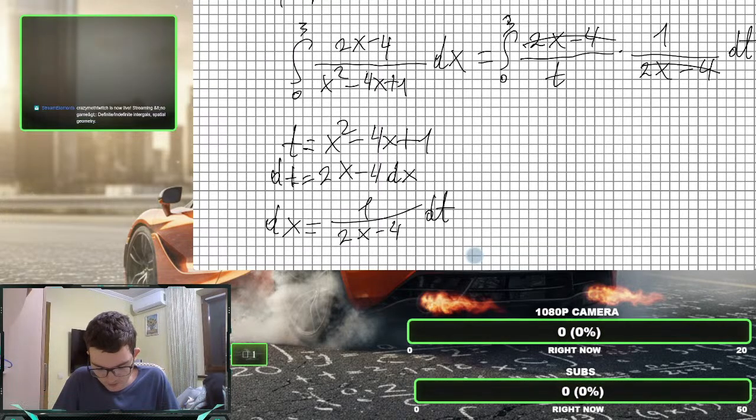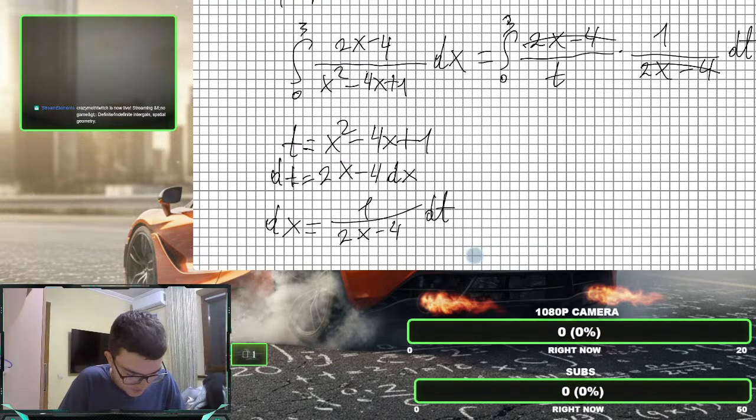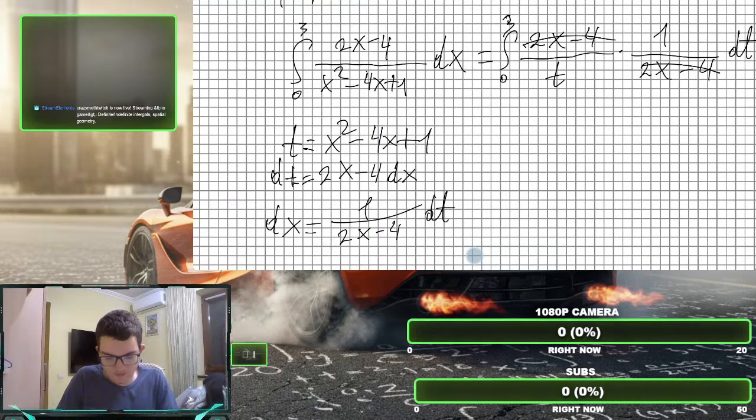Okay, so basically it's u, and basically the result should be ln of 2, and also you need to take the limits into account on this definite integral. Forgot about that.